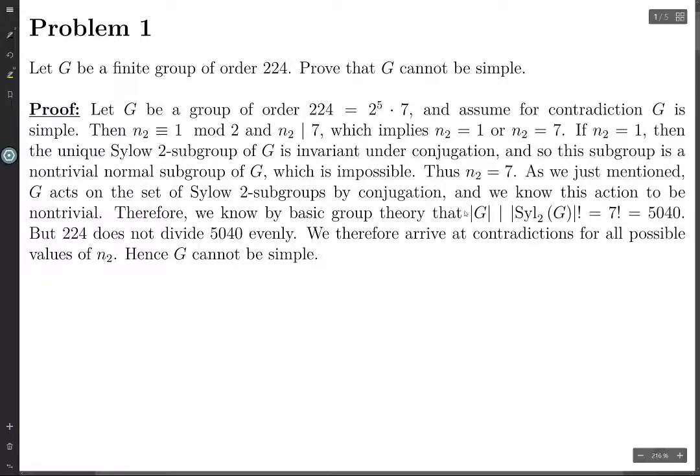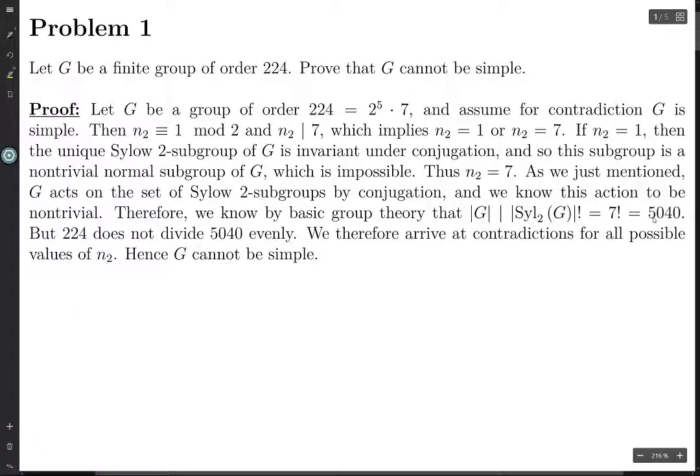What it says is that if you have a group acting on a set non-trivially, then the order of the group must divide the factorial of the order of the set. And so the order of G must divide 7 factorial, which is 5040 if you work it out.